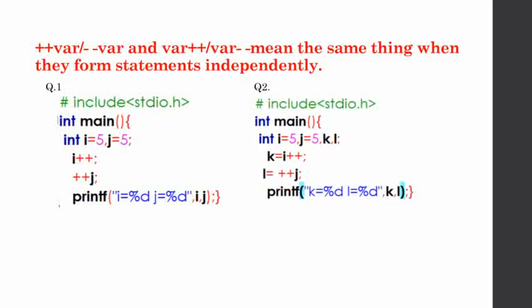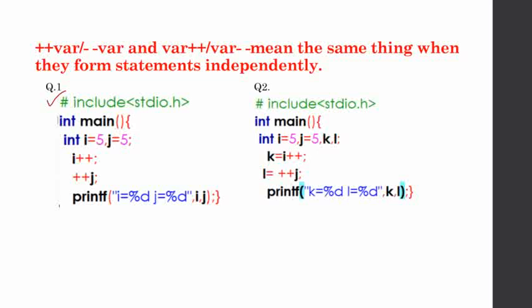We have two questions. Both questions are the same, but the difference is that in question one, i and j are independent, and in question two, i and j are dependent on k and l, and we have to find what will be the value of i and j in both cases.